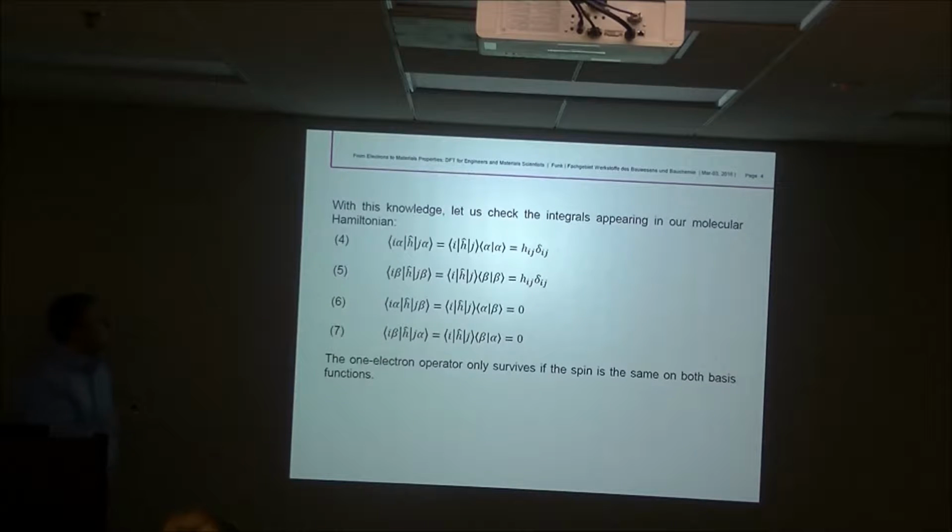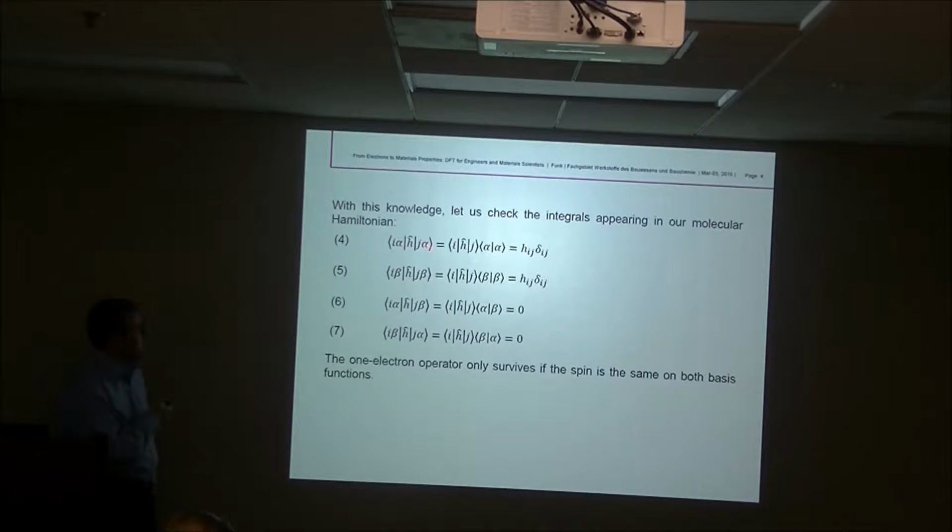Now let us check our integrals from our molecular Hamiltonian. So, in principle, we have several cases: both with alpha spin, both with beta spin, one with alpha and one with beta, one with beta and one with alpha. Here it's explicitly solved. We have the spatial part, and our Hamiltonian only works on the spatial part, and we have the spin part.